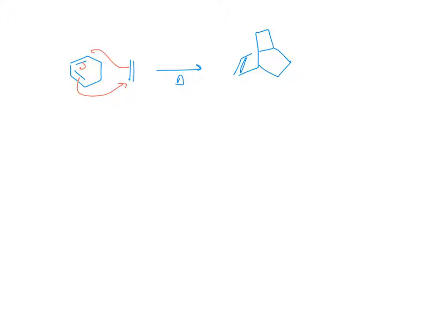So let me show you one more example. We're going to start with this, and I'm going to add an OCH3 on here. And that's going to react with, let's make this a nitrile here. So we have two different possibilities here, and it depends upon how the diene and the dienophile line up with one another.